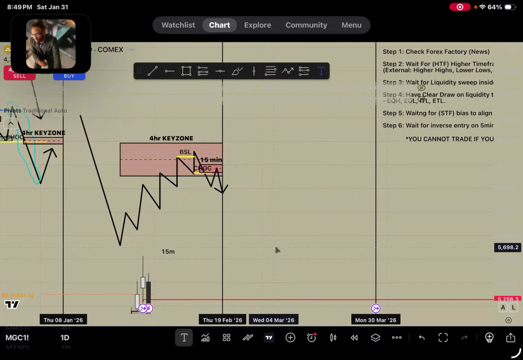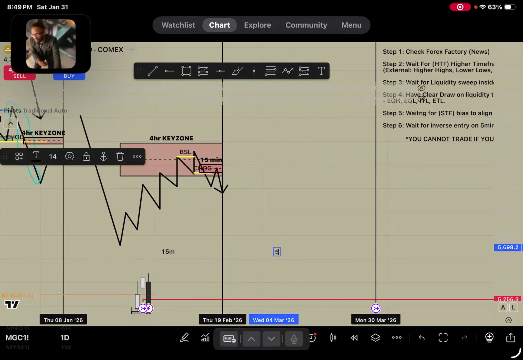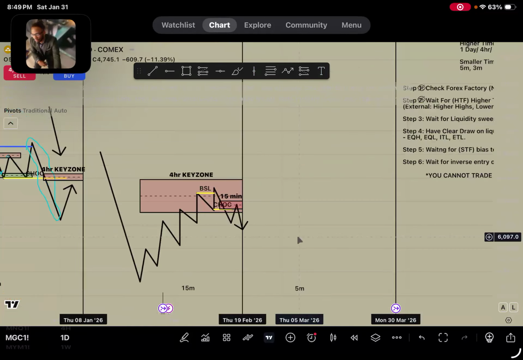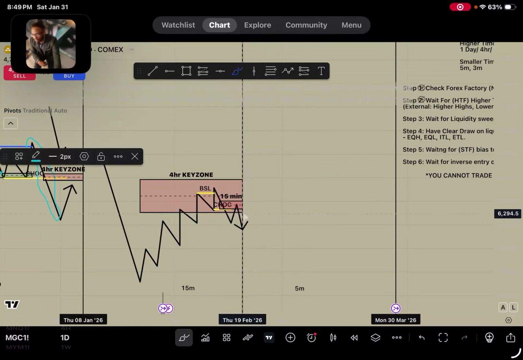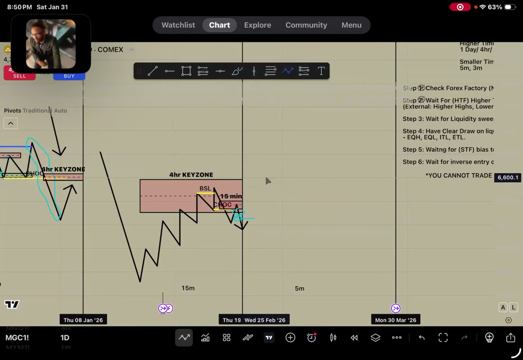On the 5-minute time frame, you've seen it break structure, change character, and respect that gap. Somewhere in this area, after it respected that 15-minute gap, now let's say we draw this 15-minute area.